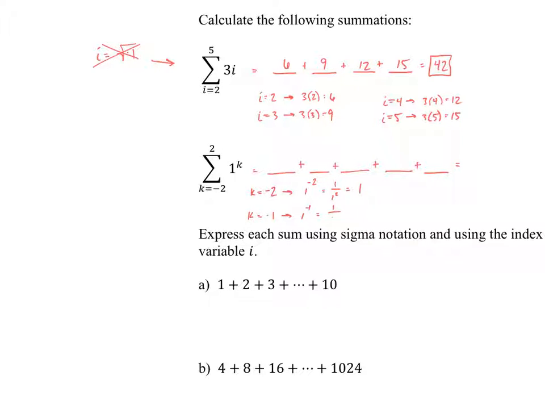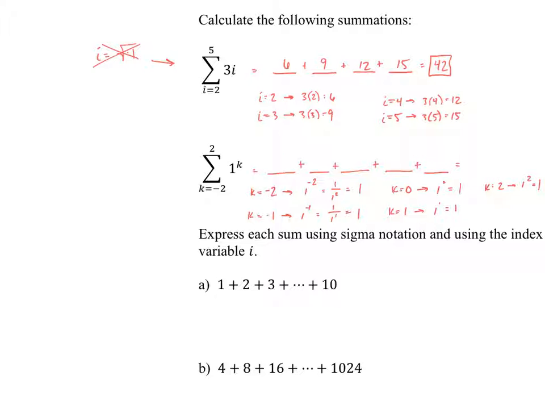That's the same as 1 over 1 to the positive first power, again is 1. We have k equals 0, sorry. That's going to be 1 to the 0 power. We know anything to the 0 power equals 1. And I'm going to do the same thing for k equals 1, and then k equals 2.